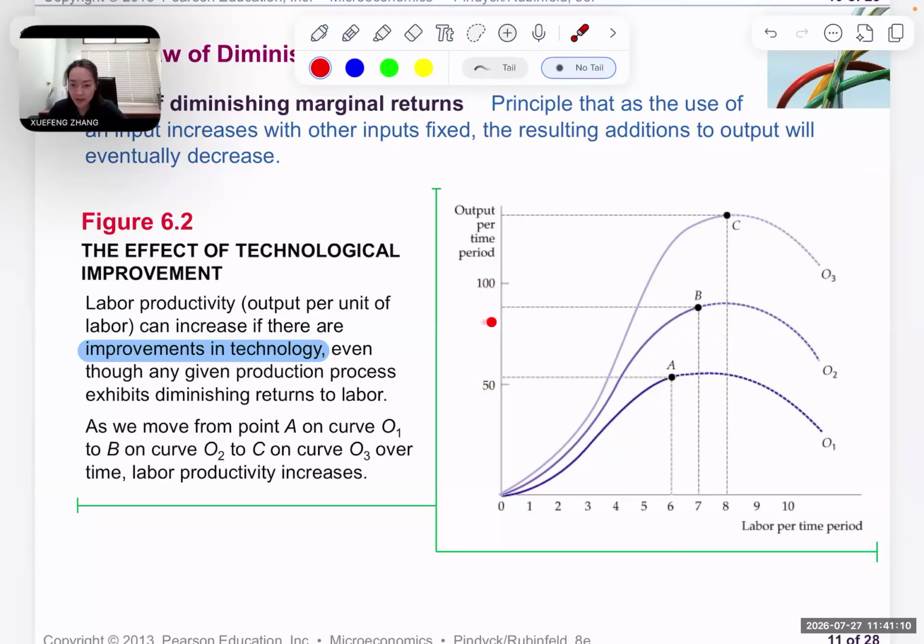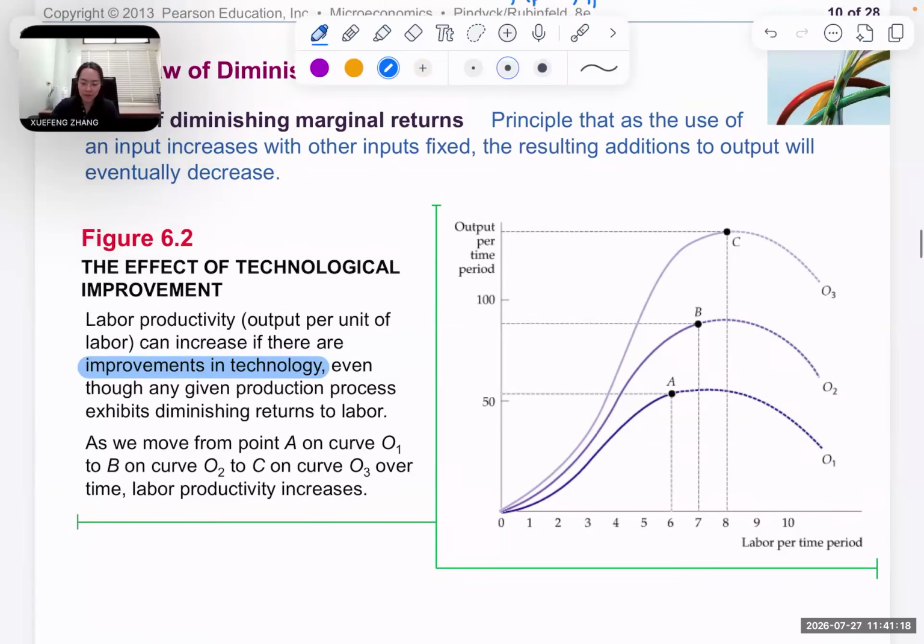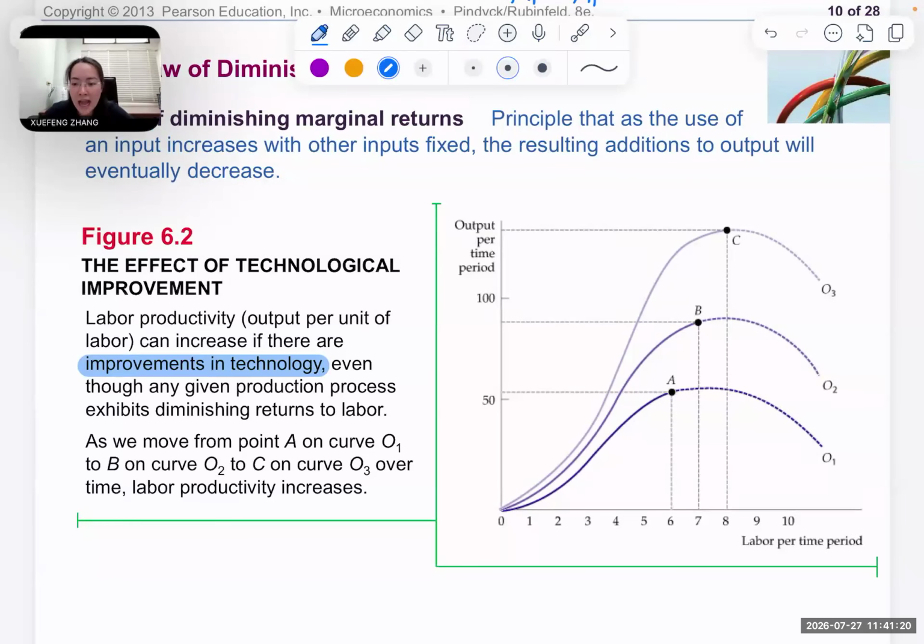You see here, because of technology improvements, better machines, better methods, right? So diminishing returns happens within one technology level, but new technology can shift the entire curve upward.